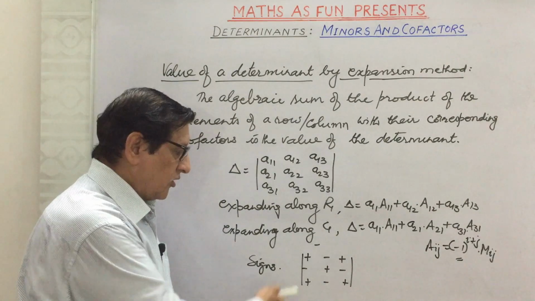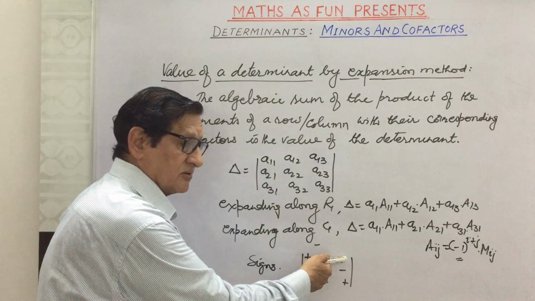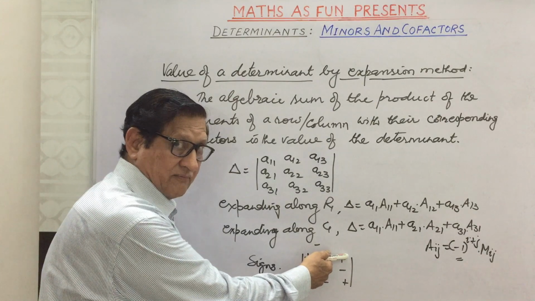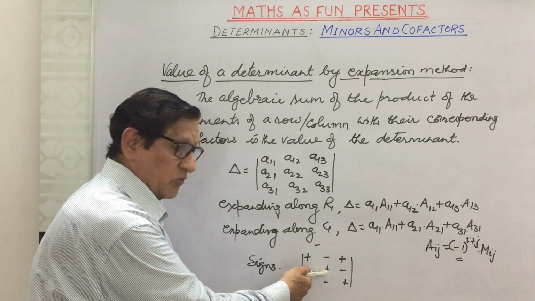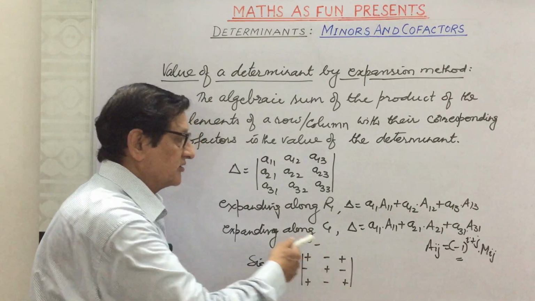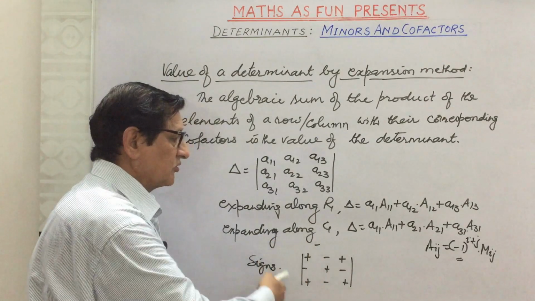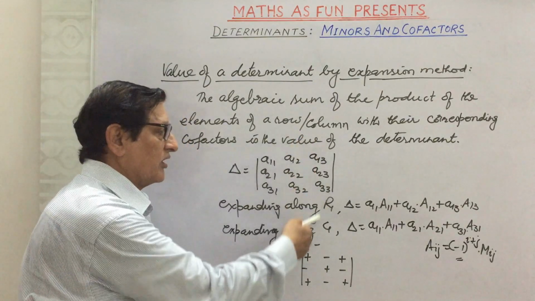Why? Because all the even powers, that is 1 plus 1, 1 plus 3, 2 plus 2, 3 plus 1, and 3 plus 3. So this way we can remember all the signs of the cofactors and then find the value of the determinant by expanding it.